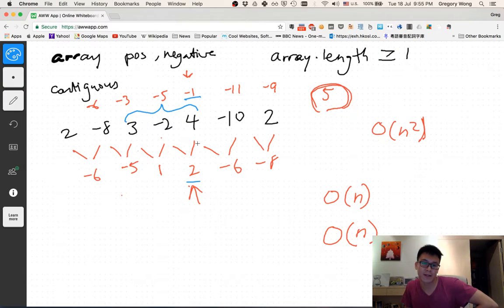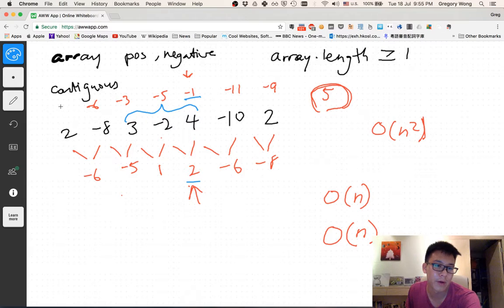I don't know if that's just a coincidence or if there's actually a pattern. So for the 2, your largest sum is actually 2, just 2 by itself, right? Instead of -1. Right.